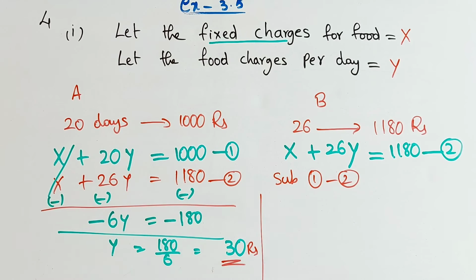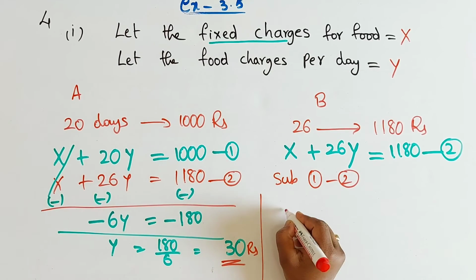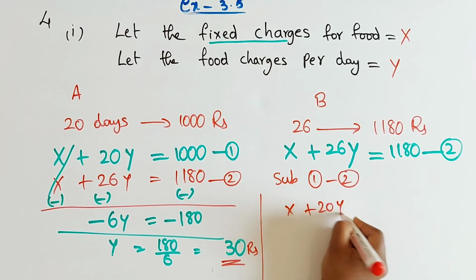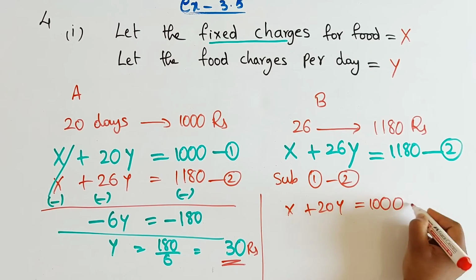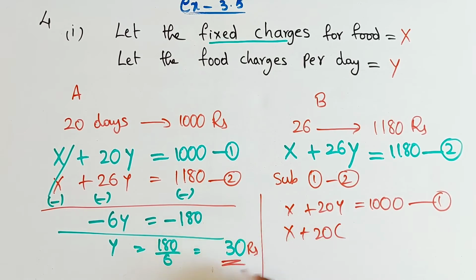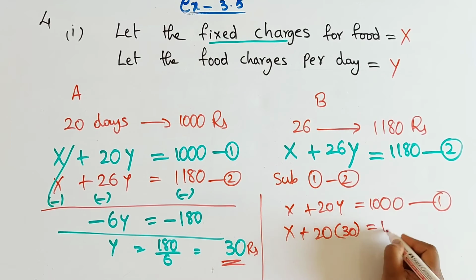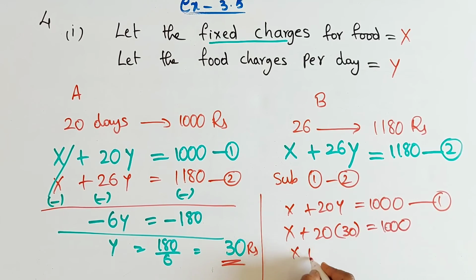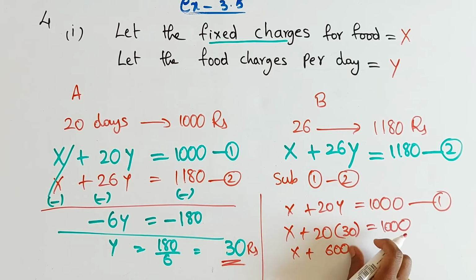Now let's find out the X value. Put the Y value in any equation. I am taking the first equation again: X plus 20Y equal to 1000. X plus 20 into 30, children, 600, equal to 1000.